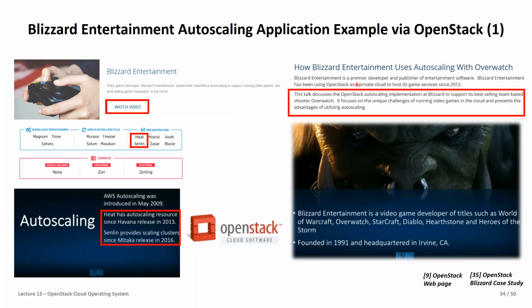So they still buy the hardware, but they have it under control in their game servers, and they need some auto-scaling resource. There's a certain service called Heat, but that was not good enough. What you will learn in the video is that they then go to another service called Senlin, which is a little bit interesting. We will also have a look at how it works.